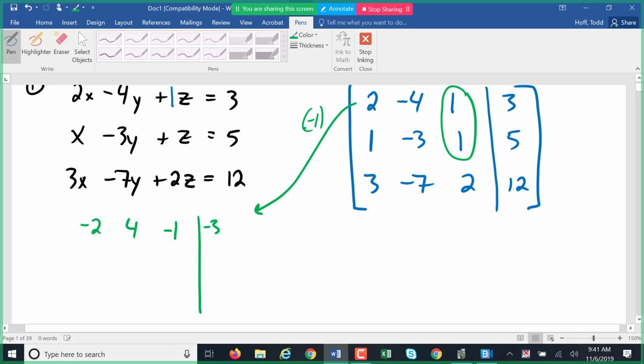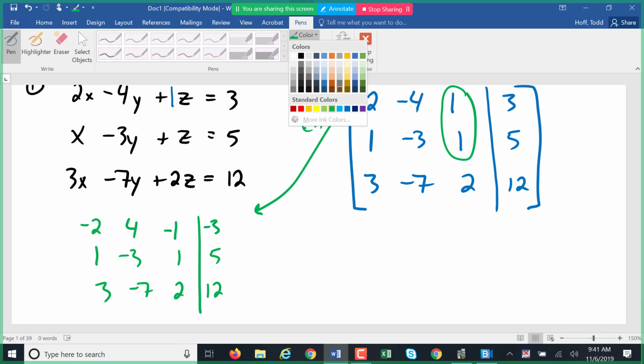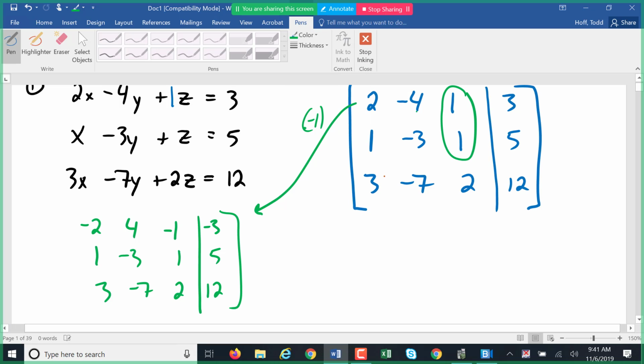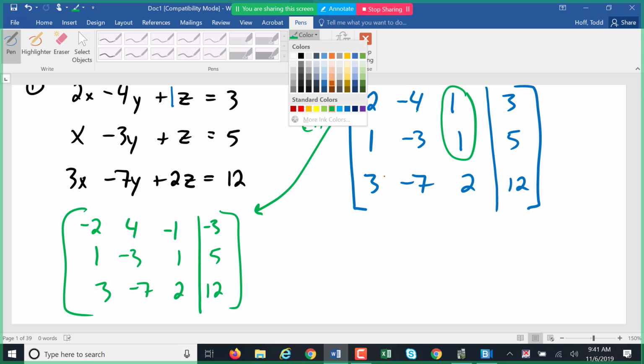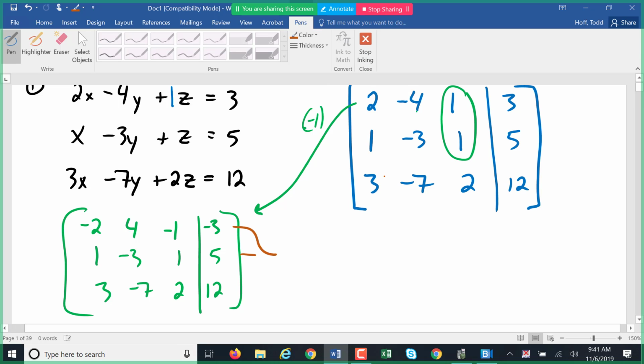The other rows I'm going to keep as they are. Then I'm going to combine those first 2 rows, add them together, and replace the second row with them.